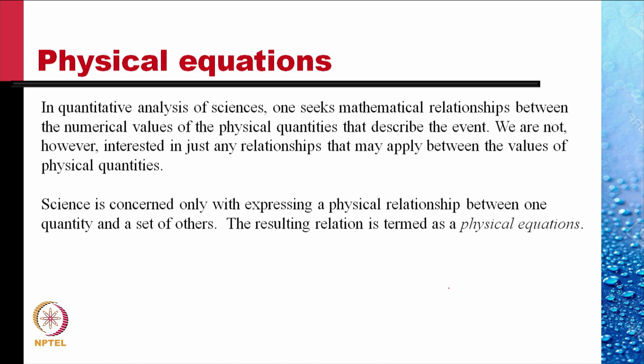So we want a relationship between the numerical values of the various physical quantities. We are not, however, interested in just any relationship that applies between the values of the physical quantities. Science is concerned only with expressing a physical relationship between one quantity and a set of others that are relevant. The resulting relation is termed as a physical equation.